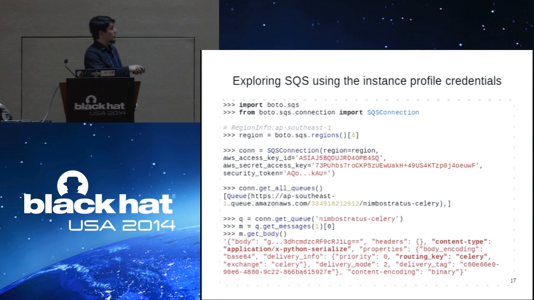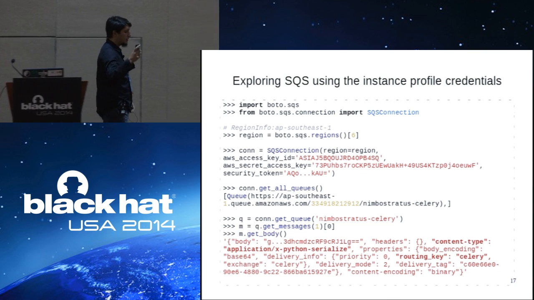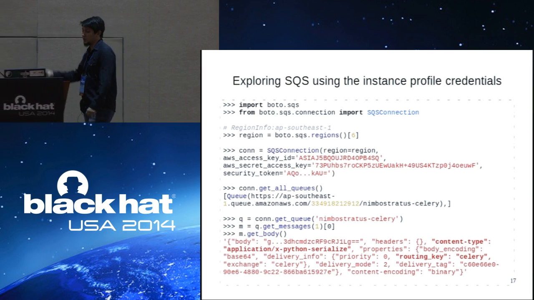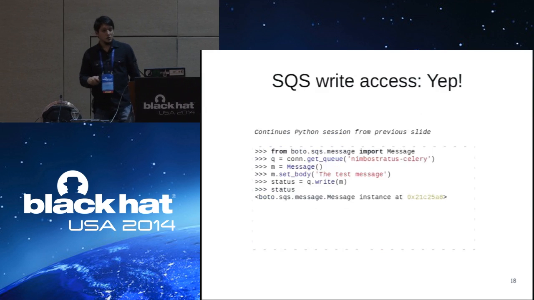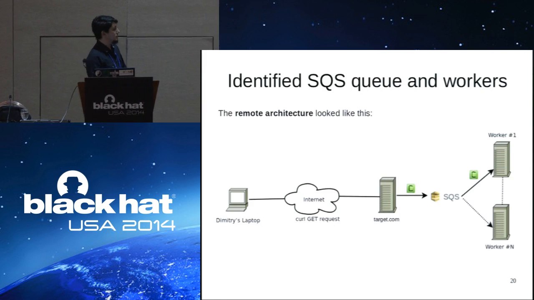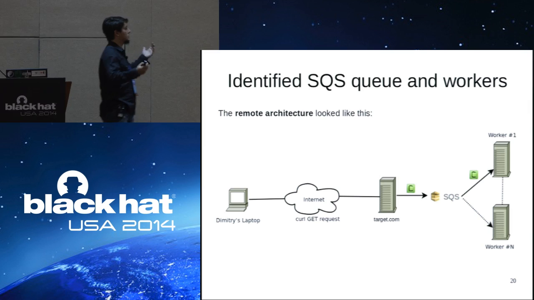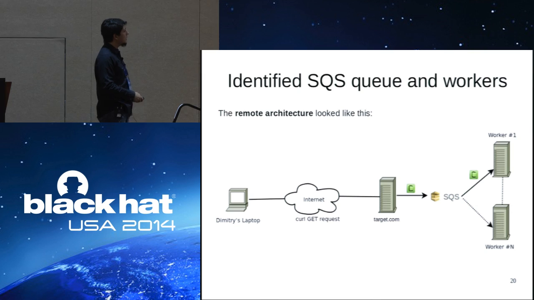You just initiate a new SQS connection, and in this SQS connection object, you are going to have an API endpoint for SQS, which is going to be something like sqs.amazon.com, all right? So it might seem here that it's protected, but it's actually not. If you have the right credentials, you can access it from anywhere. Okay, so it looked like this.